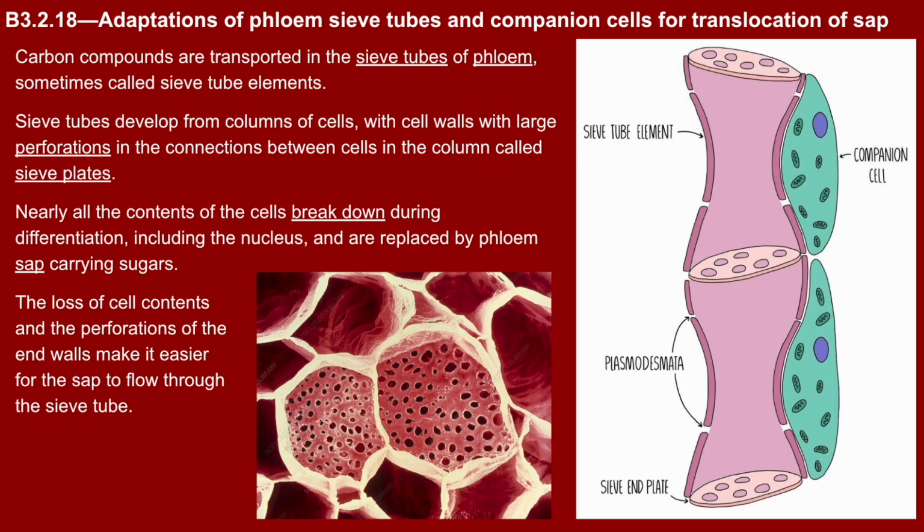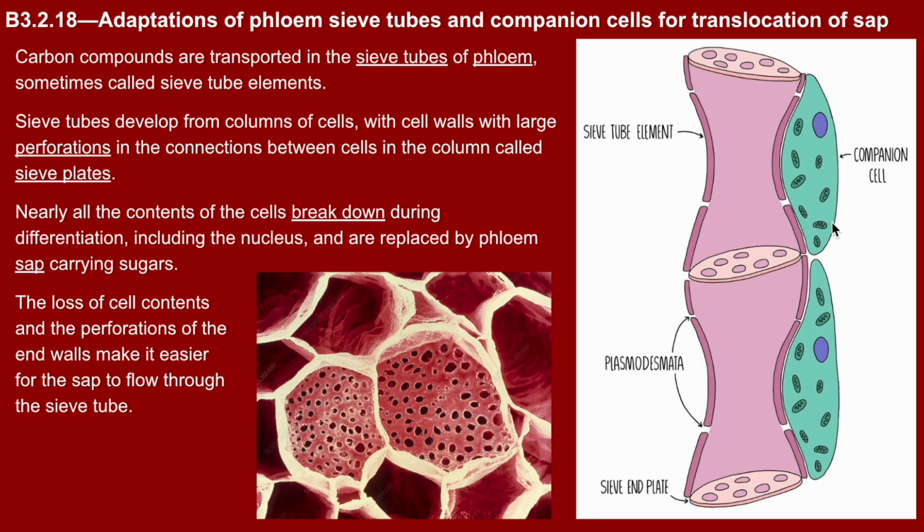Okay, so let's contrast what we learned about xylem earlier with phloem. Phloem is the tissue that transports sugars, and instead of being non-living, it's living. Okay, it has cytoplasm, it has membrane, but it doesn't have a nucleus or any other types of organelles. How does it stay alive?